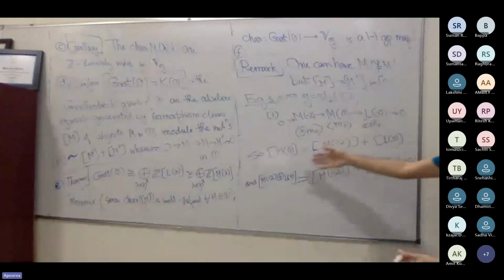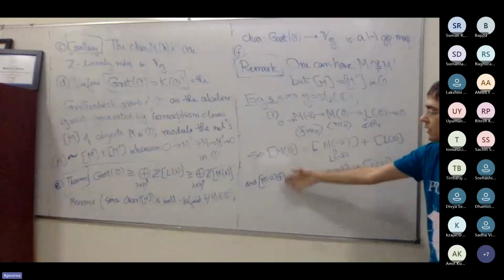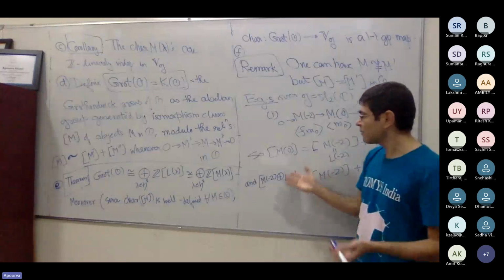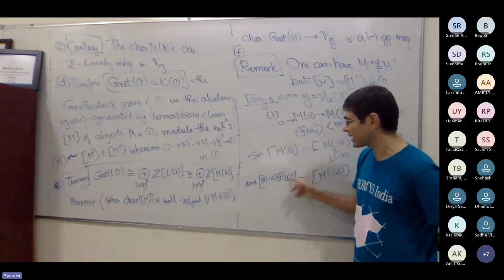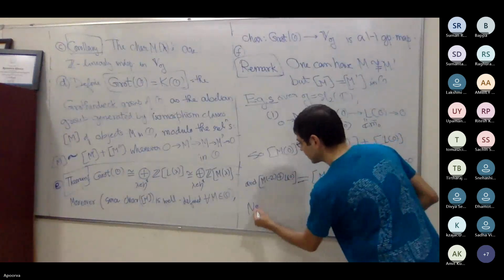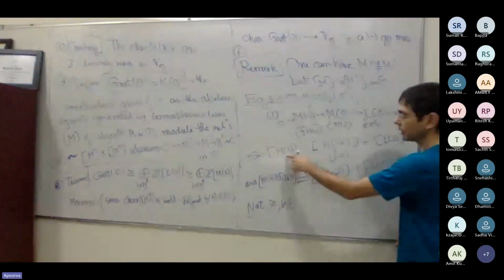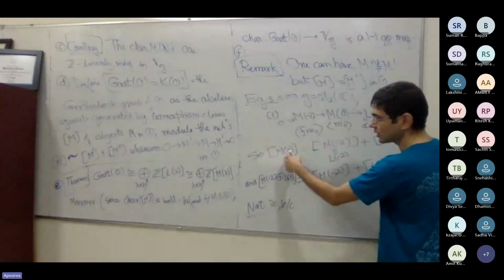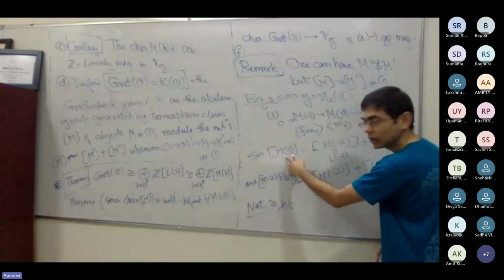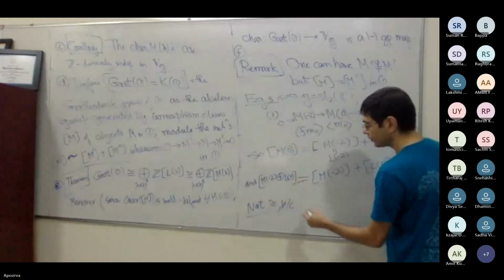Okay, so exactly. The direct sum is the other option, and these two are not isomorphic. Why are they not isomorphic? For example, if there was an isomorphism, then the isomorphism will take the 0 weight space to the 0 weight space.